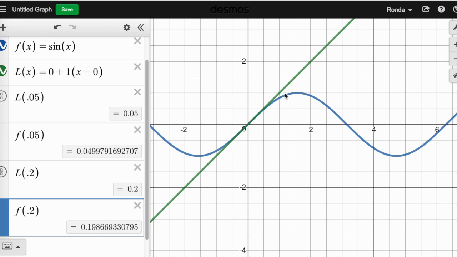It's just when you get further away that it stops working. See how my graph is separating from the tangent line right about here, and down here. So it would be a good approximation basically between here and right here. So maybe 0.5 in both directions is a really solid approximation.